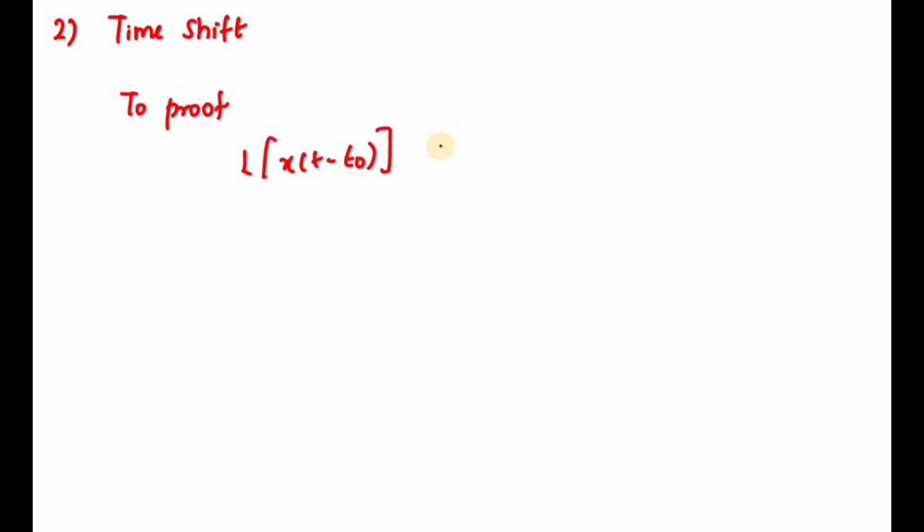The next property is time shift. What we are going to prove is that if x of t gets shifted by t naught, you have to get e power minus s t naught times X of s. This is the answer we have to get.